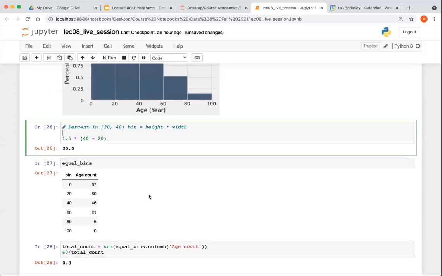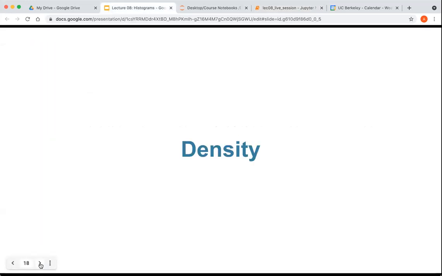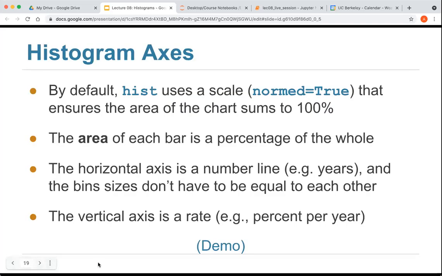And so now what I'd like to do is take a look at the vertical axis. What is it measuring? Okay, so hist uses a scale that ensures that the area of the chart adds up to 100%, right?